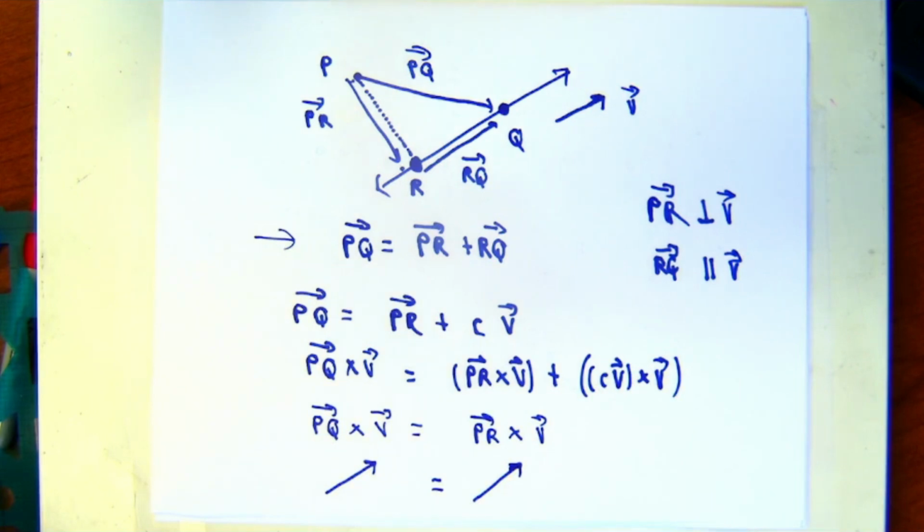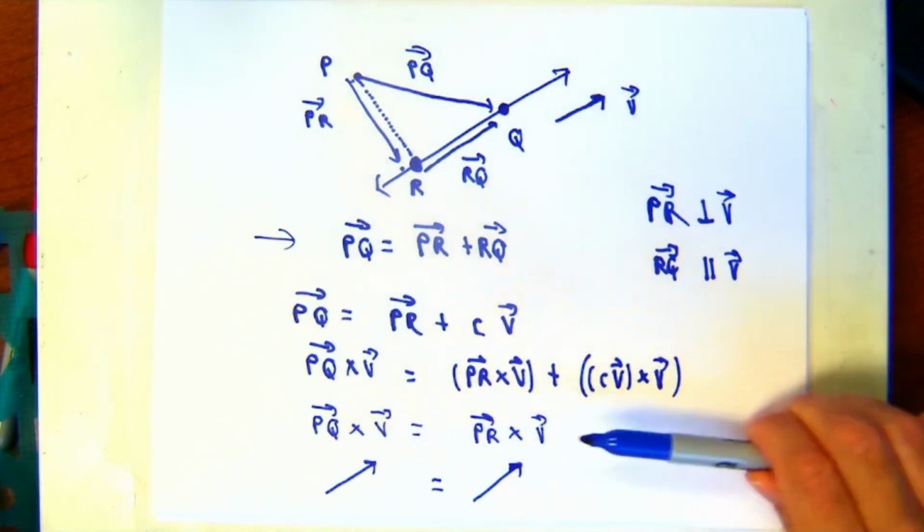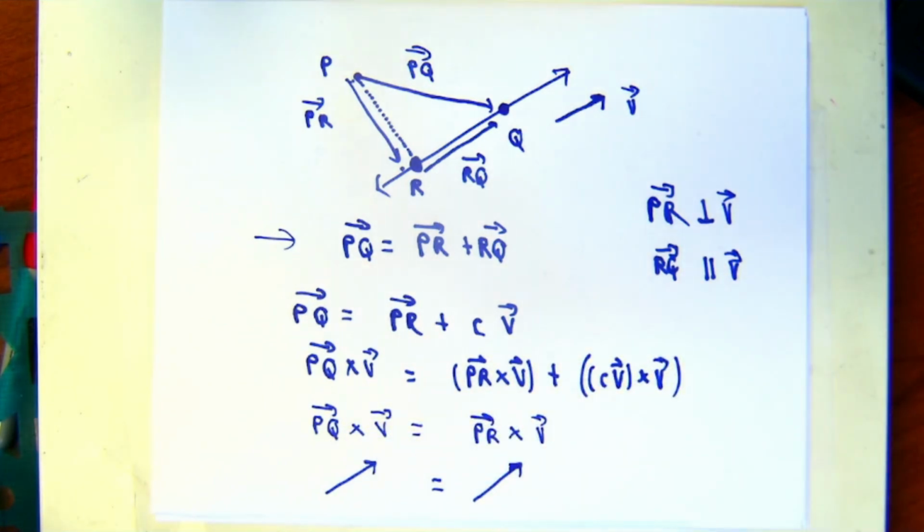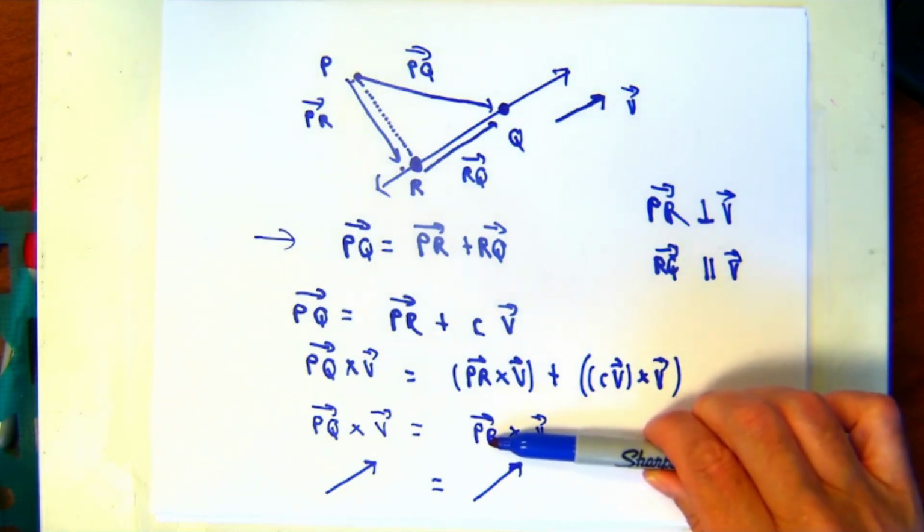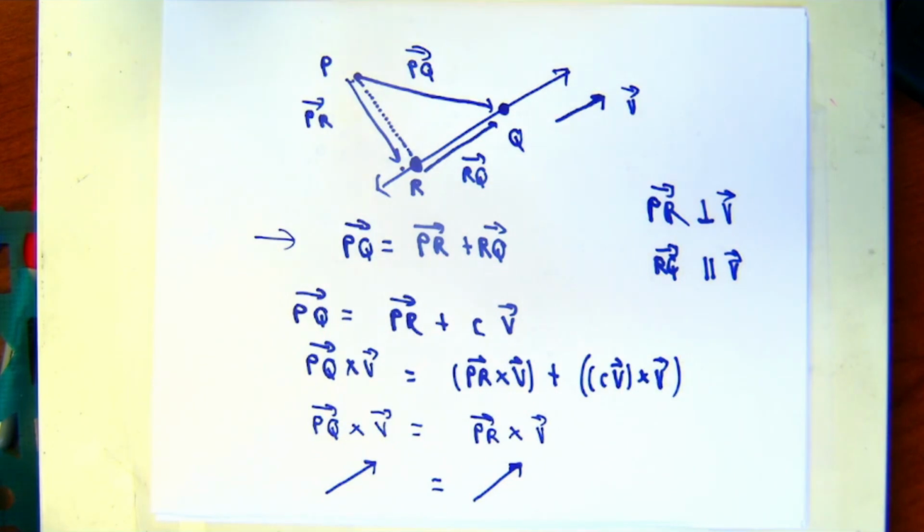This is kind of a strange thing, though, because the cross product doesn't give me a number back. It gives me an arrow. We have no notion of how to divide one vector by another, so it's not as though I can divide the V vector out here and find something out. What I'm really interested in is the length of this P to R vector. So I'm going to do something that will let me figure lengths out.